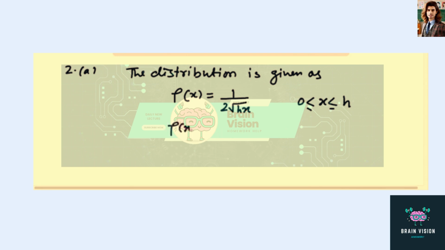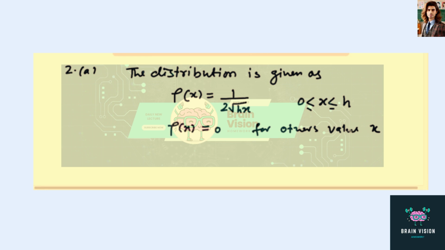Rho(x) is 0 for other values of x. That is, when x is greater than h, then this value will be 0.